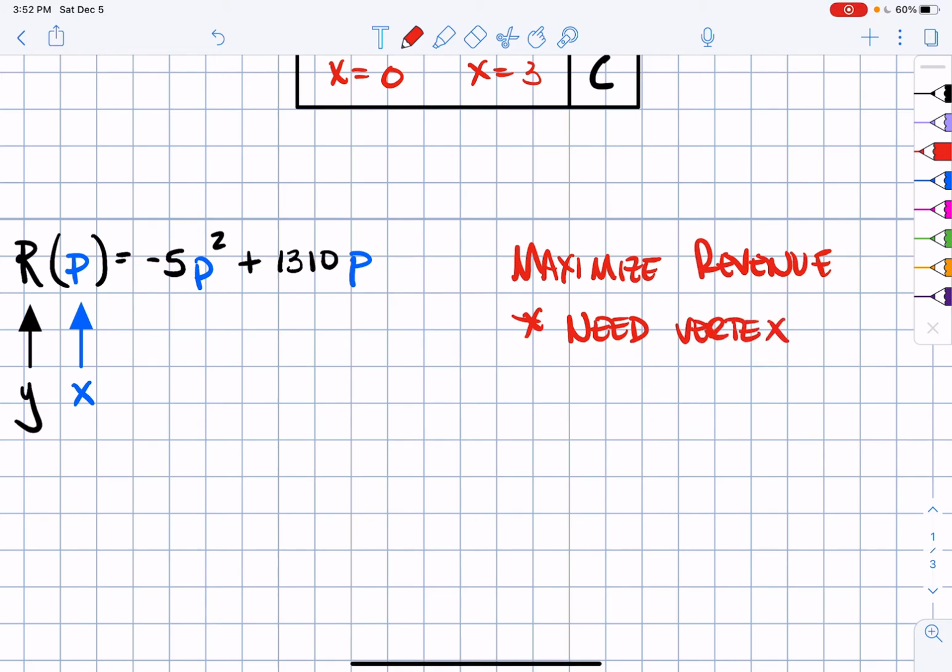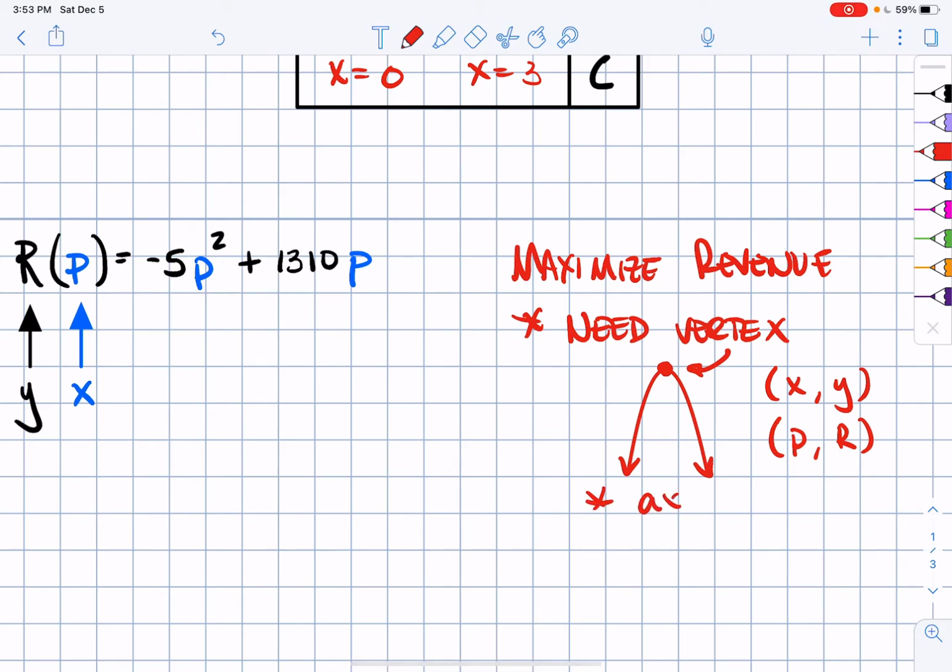Okay, and the vertex is going to be... let's see, nice, it does do it. So this is your vertex, okay? It's a maximum value, and it has an X and a Y. So in this case, it's going to be your P comma your R, okay? In order to find the vertex, you'll find your axis of symmetry.